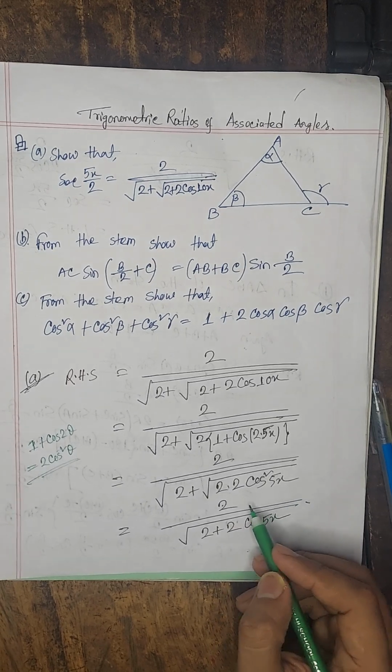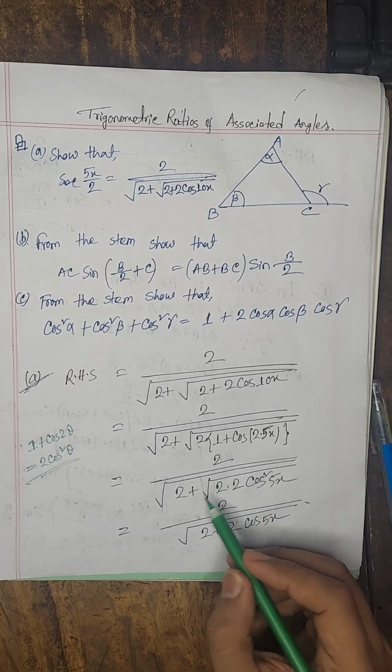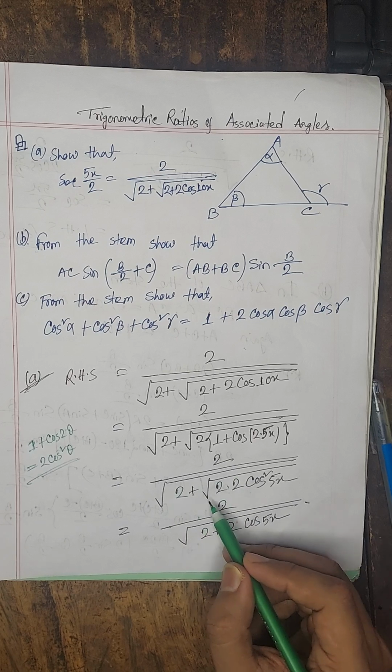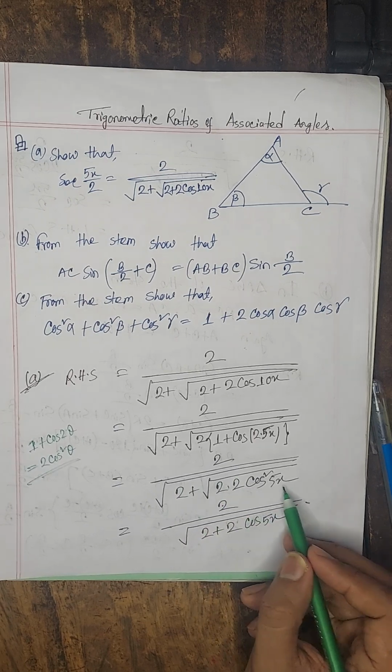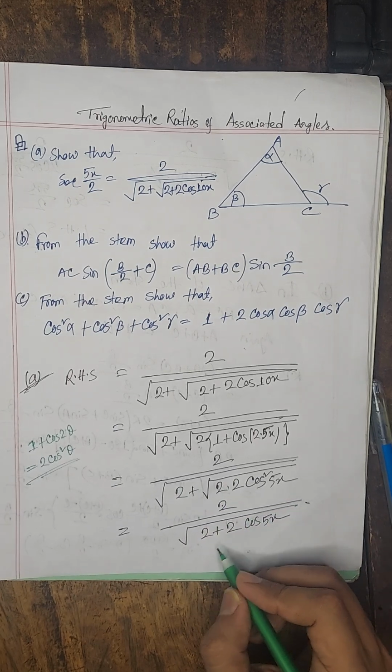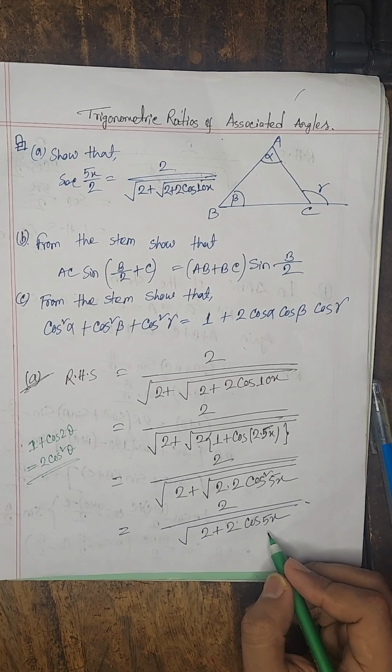We apply this formula, then we get 2 by root over 2 plus root over 2 times 2 cos square 5x. Then we get 2 by root over 2 plus 2 cos 5x.